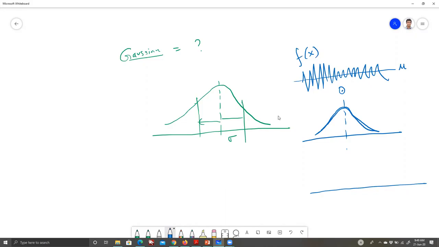It will almost flatten the curve, because in a Gaussian most points are near the mean itself. So any extreme points are gone if you smoothen it with the Gaussian.